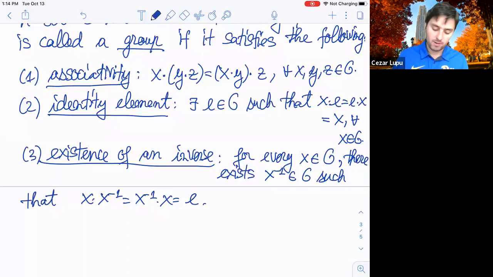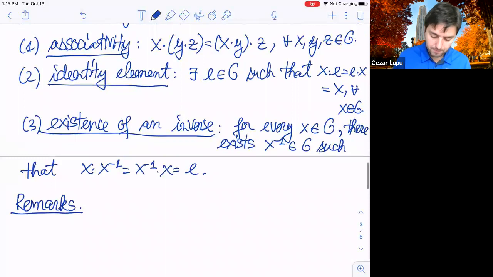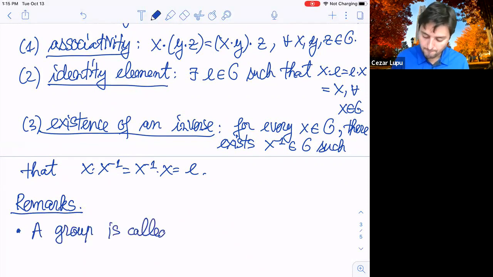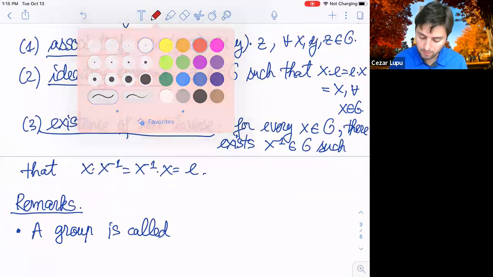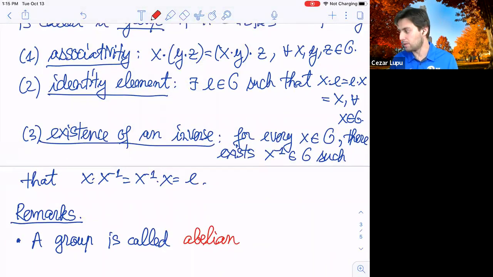Now let's point out some remarks here. The first remark is the following. A group is called abelian or commutative. As you can see, I did not include commutativity in these three axioms.